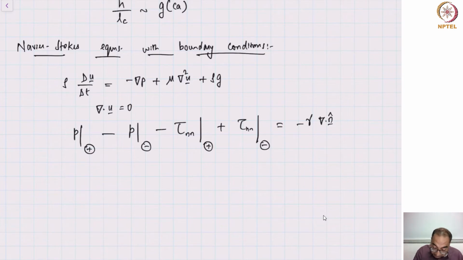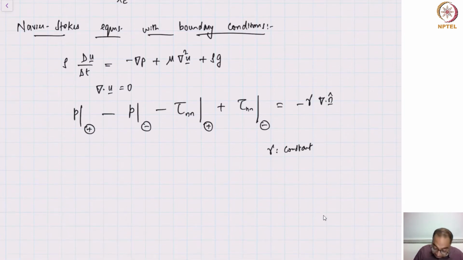We will assume that gamma is constant. Gamma is indeed constant in this, right? And if you were to write down the same thing for the tangential stress, because gamma is constant, the tangential stress is continuous across the interface.